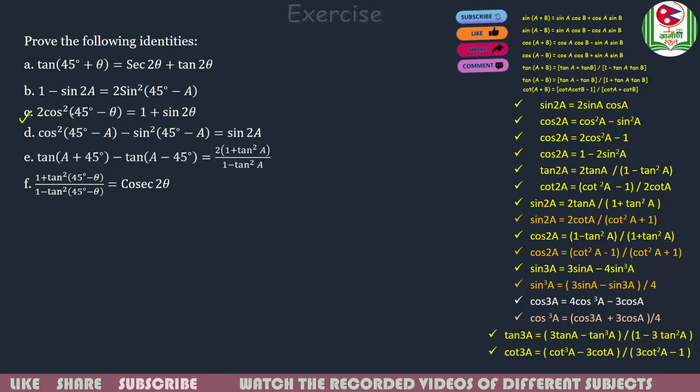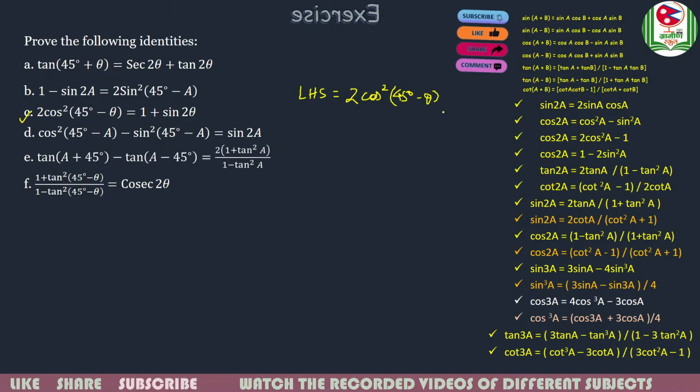The third one is 2 cos square (45 degree minus theta), which equals 1 plus sin theta. So how will we do it? Again here, this one is given, here LHS is how much? 2 cos square (45 degree minus theta). Again here, 2 cos square theta.